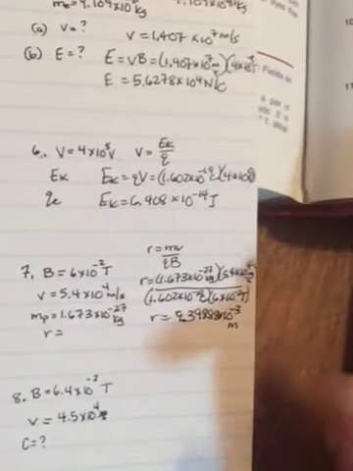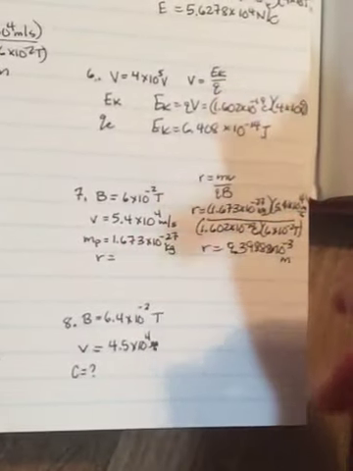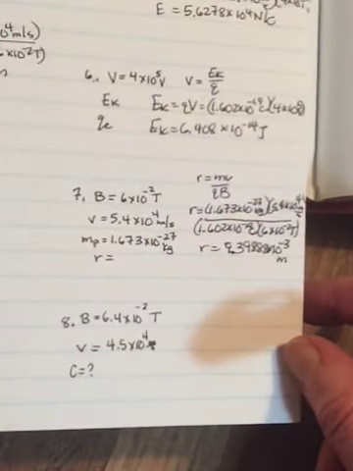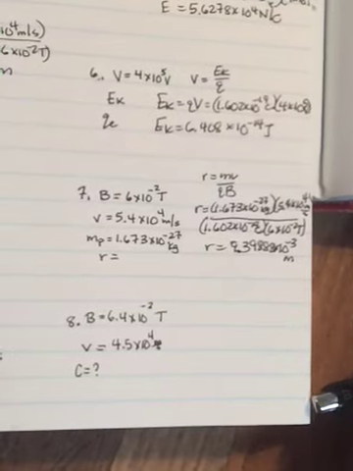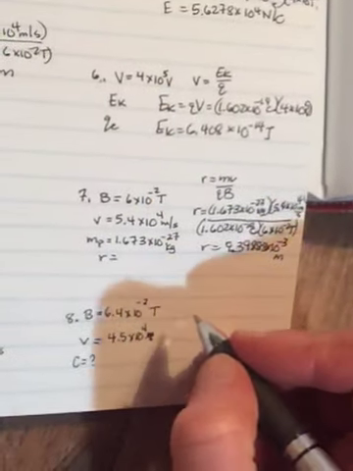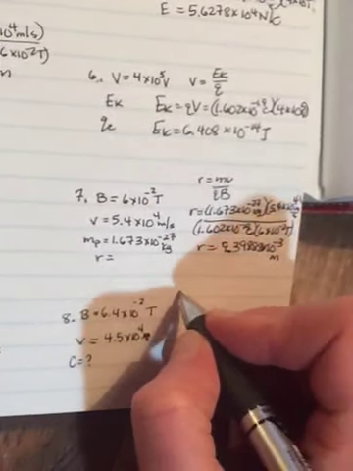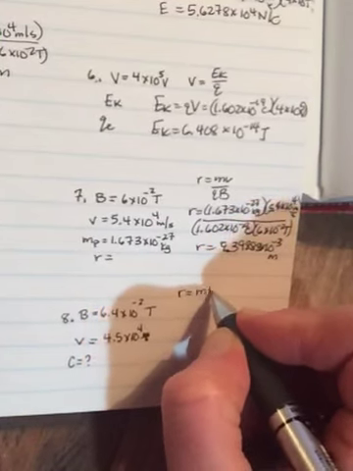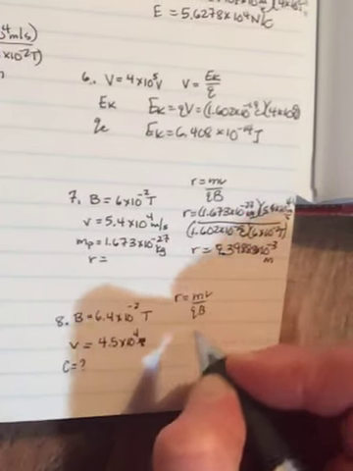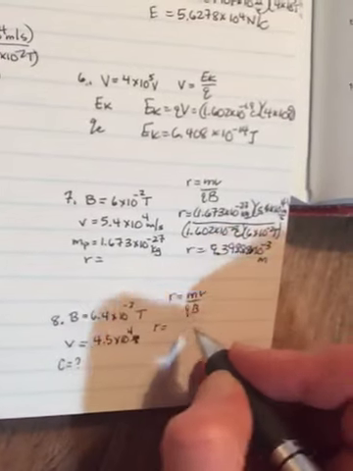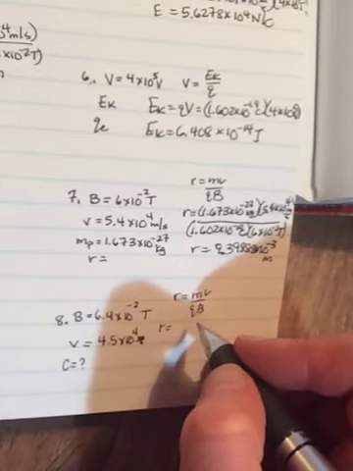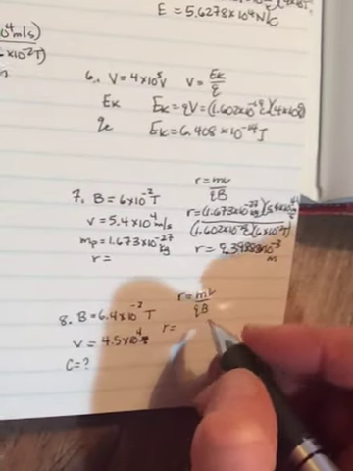Okay, and the last one that I asked you to do for today's class, a proton enters a magnetic field. What is the circumference? So again, you're going to solve for R. R equals mv over qB. So again, it's a proton, I think. Yeah.